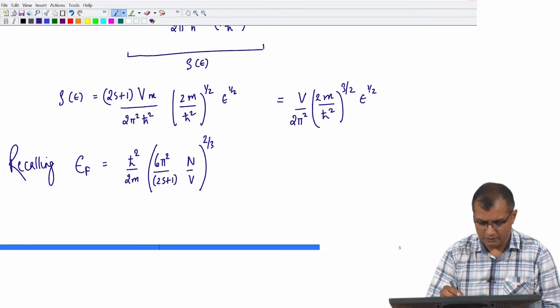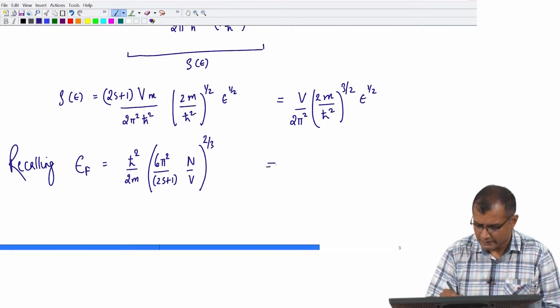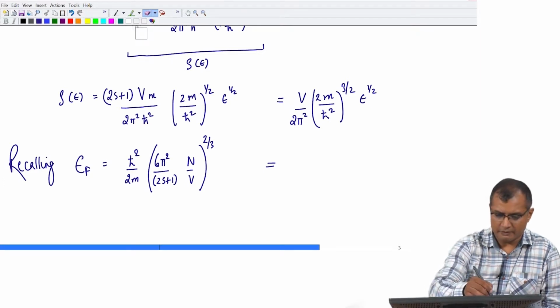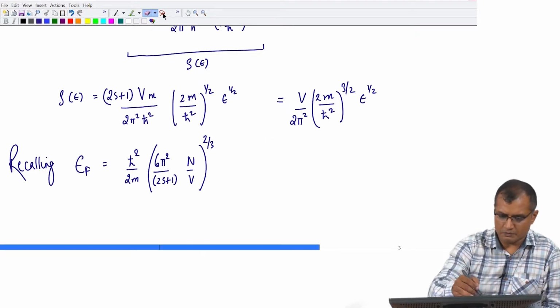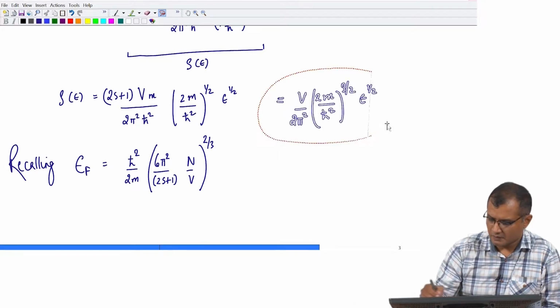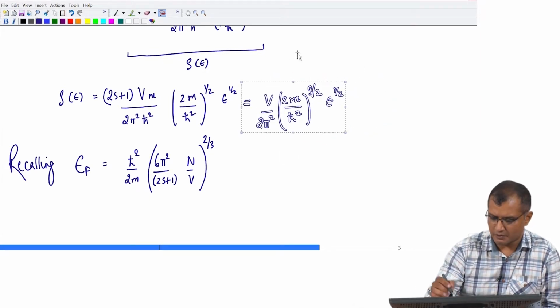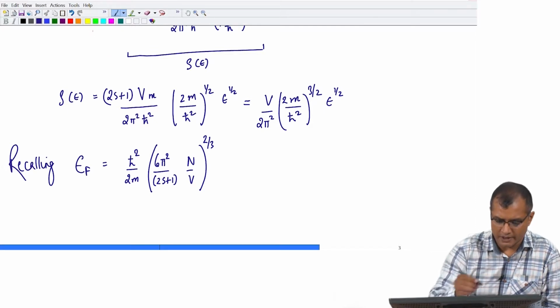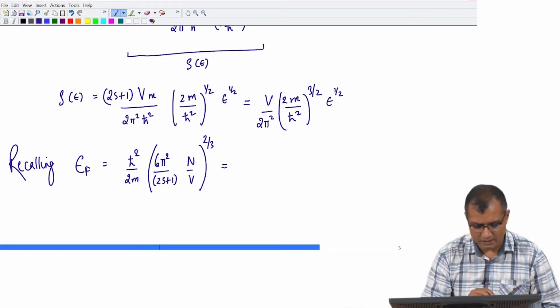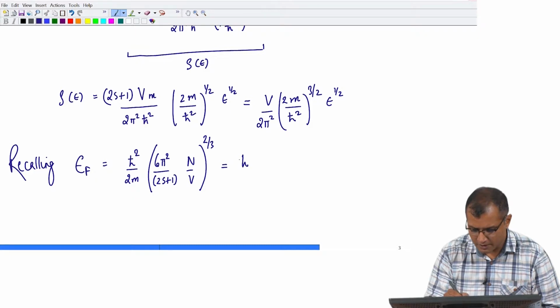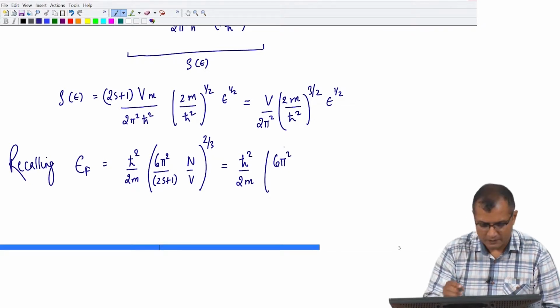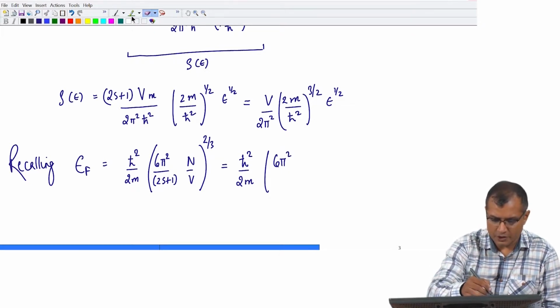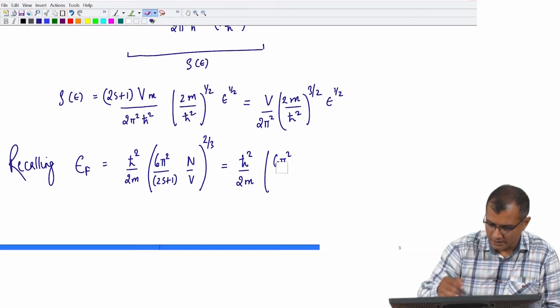And here also I can write down the Fermi energy as h cut square by 2m into 6 pi square. 6 pi square will simply become 3 pi square, because 2s plus 1 is 3.